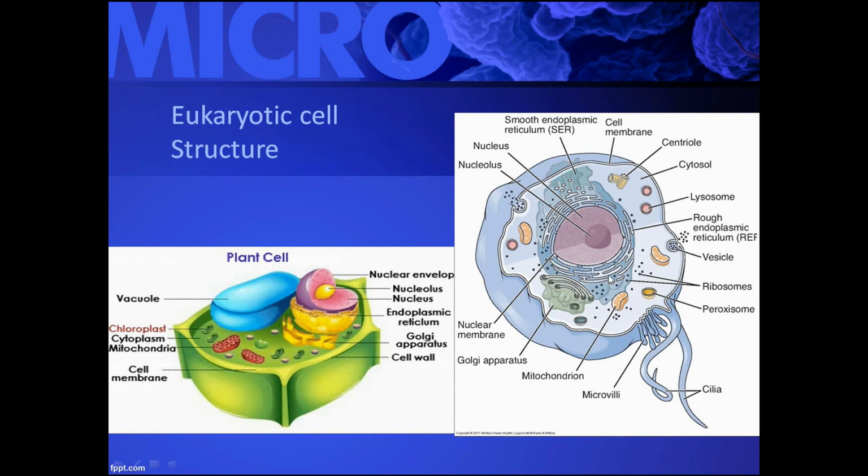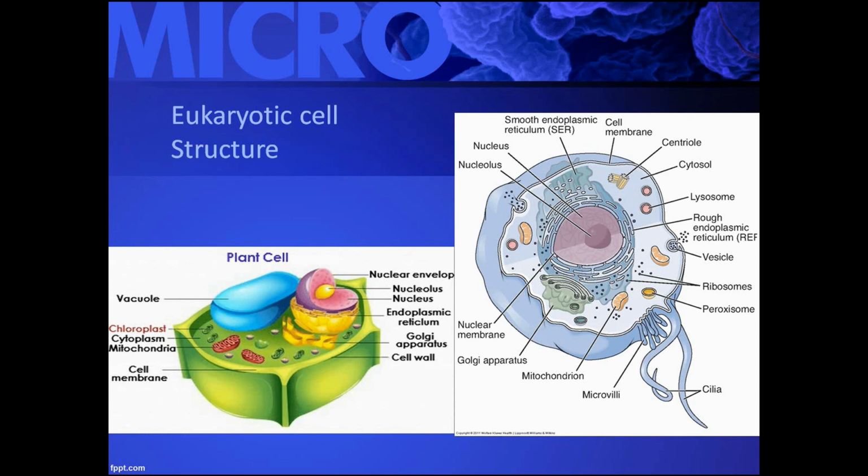The organelles are specialized subunits of the cell. These organelles are of two types: the membrane-bound organelles and the non-membrane-bound organelles. Membrane-bound organelles are those that have their own membranes surrounding them, just like the plasma membrane and just like the nuclear membrane.